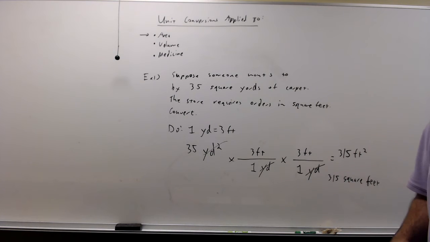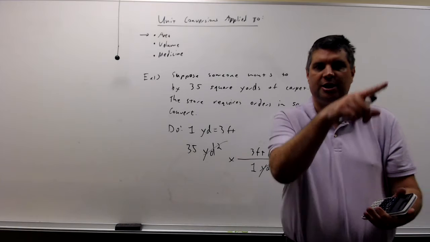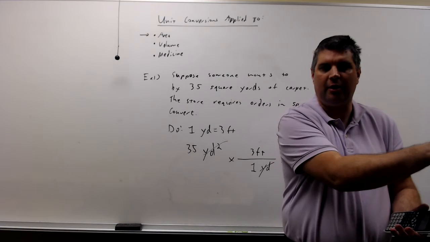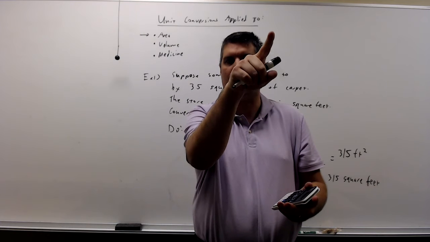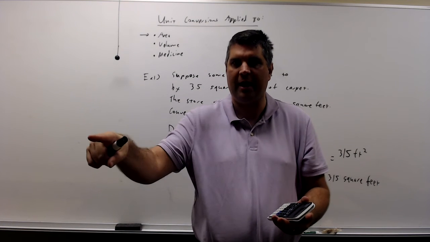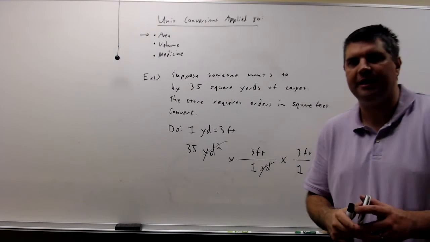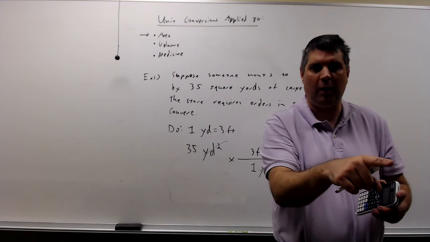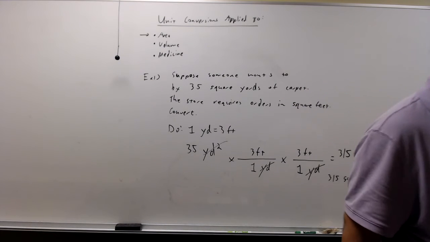A square yard is a yard one way and then another, a yard this way and that way. A square foot is a foot one way and then a foot another way.